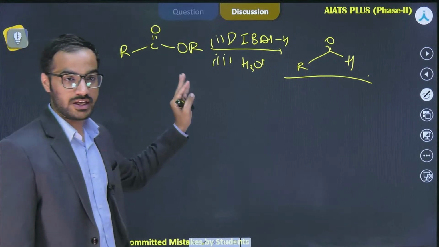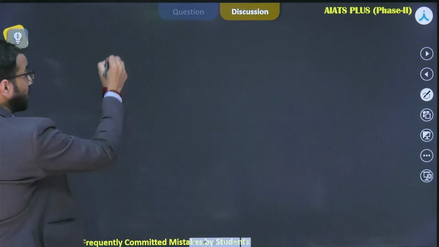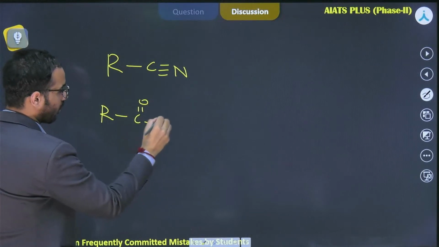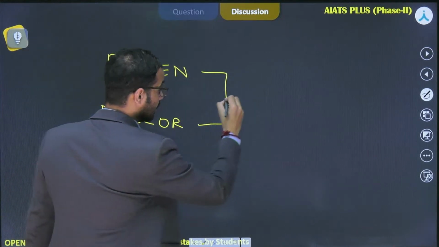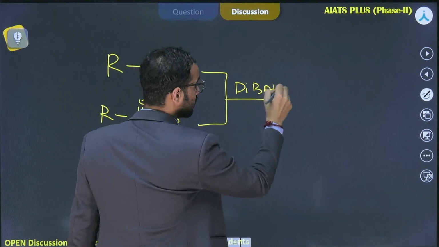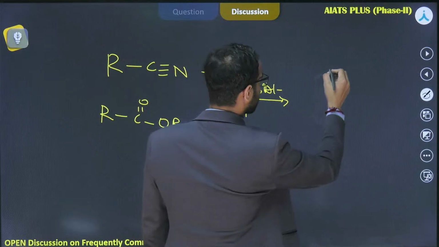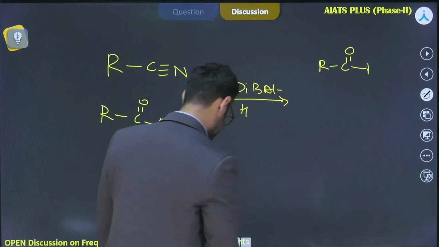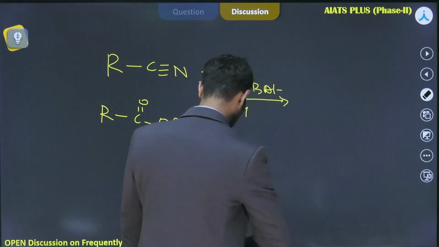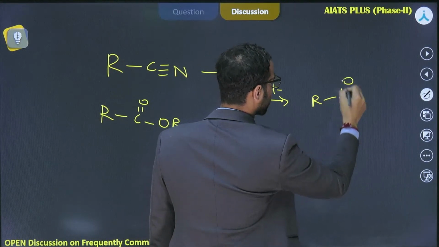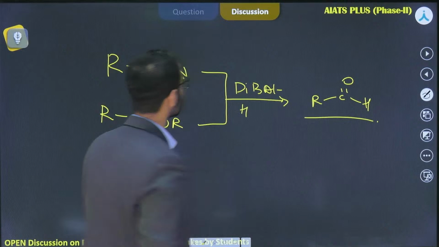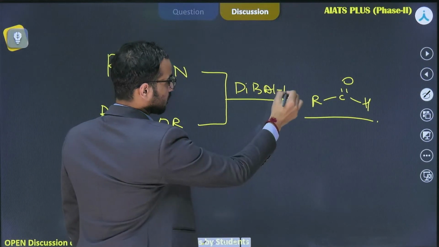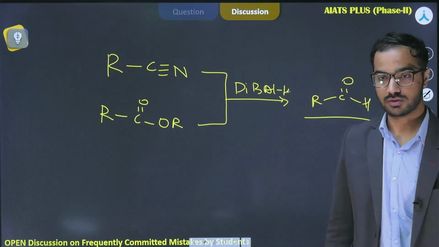Is it clear? So we can summarize it in the form like, if you are having R, C triple bond N, or R, C double bond OR, you are reacting with DIBAL-H, you will have R, C double bond O, H. This will be the product formation.